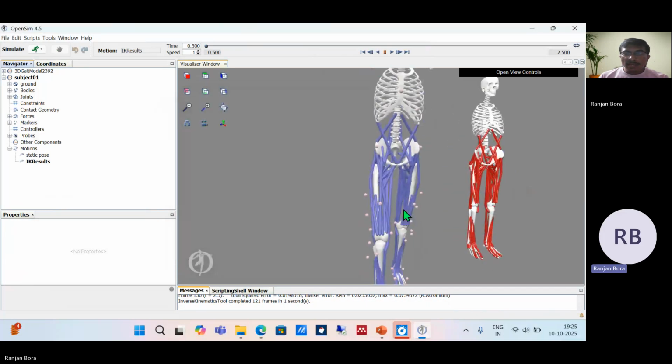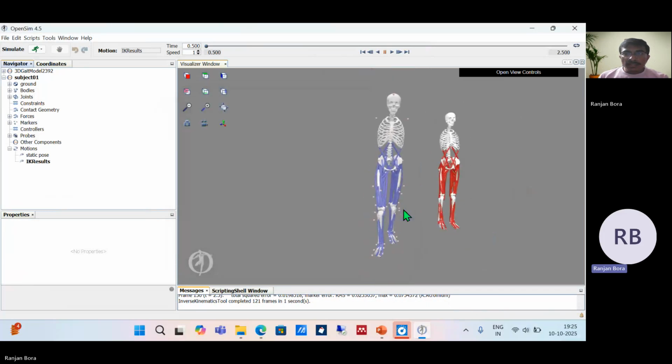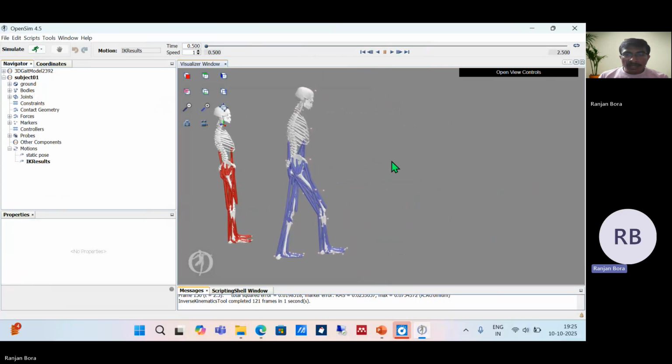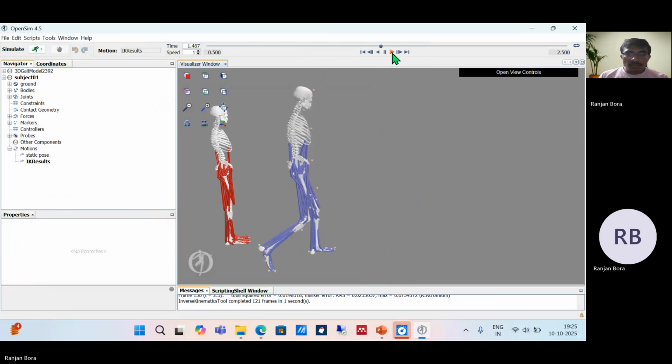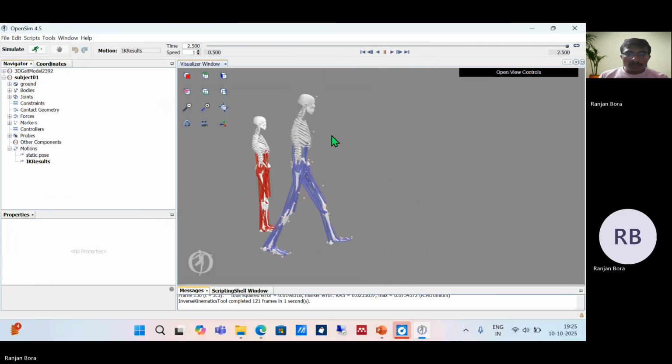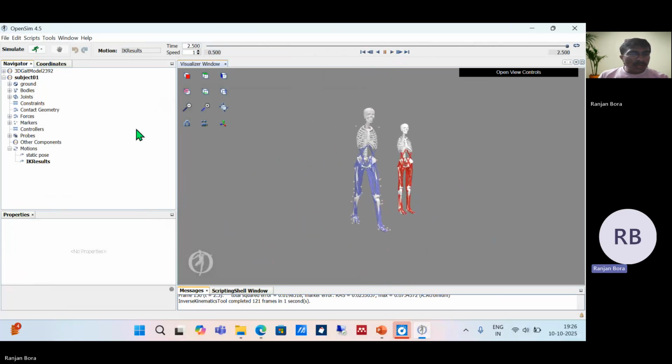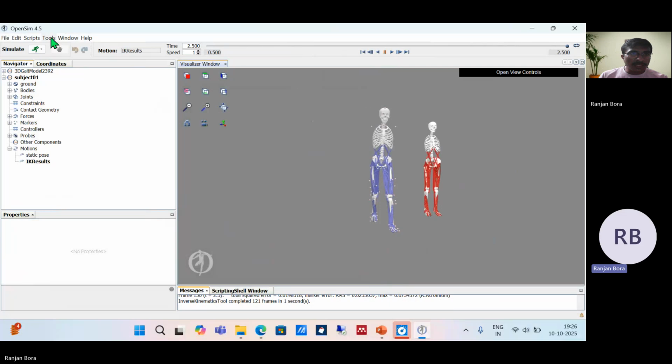So you can see now this musculoskeletal model, this data for inverse kinematics, was recorded for a walking activity. So this person is walking. After doing the inverse kinematics, now we got the inverse kinematics results. Now we can plot different joint kinematic parameters, joint angles.